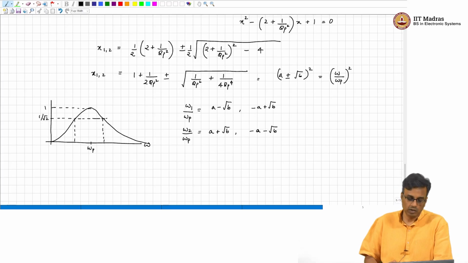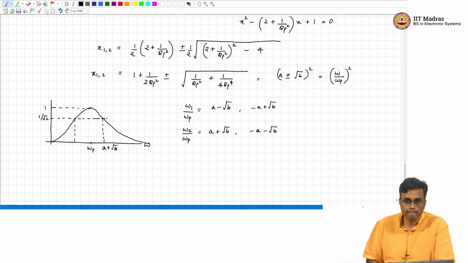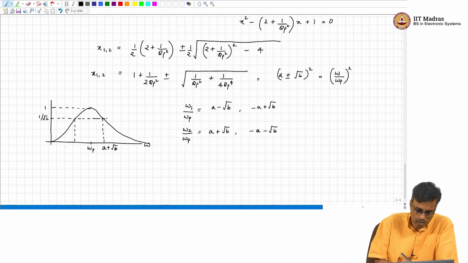So one is a plus root b, and this is a minus root b.